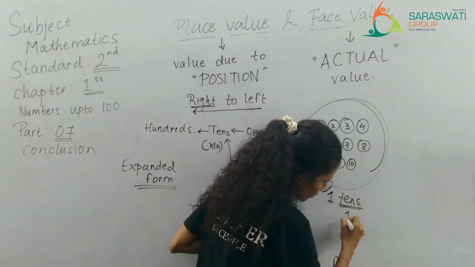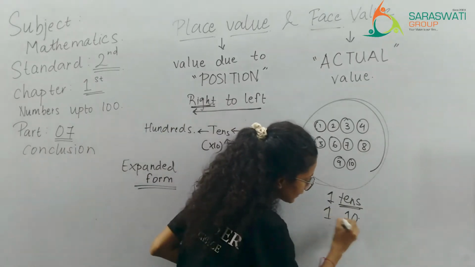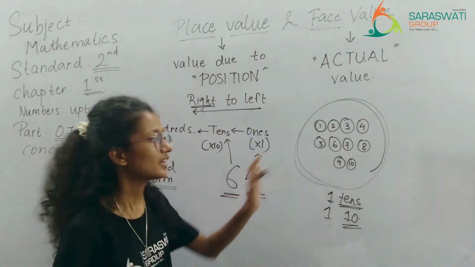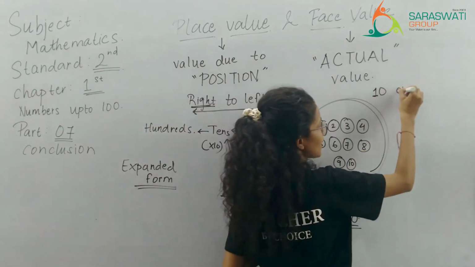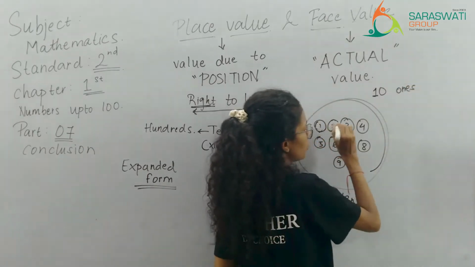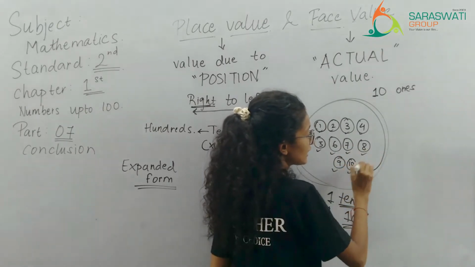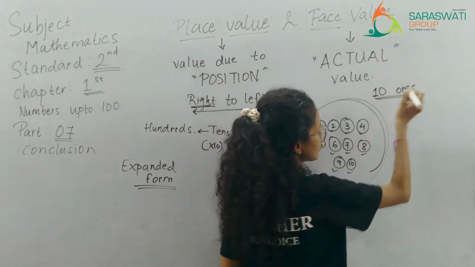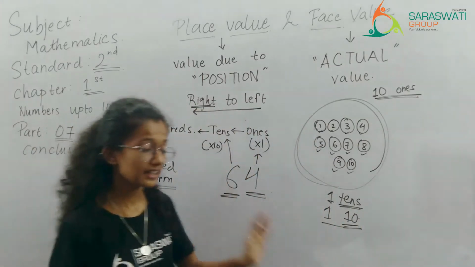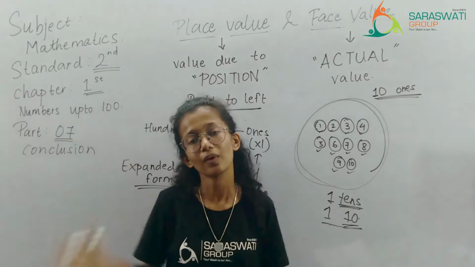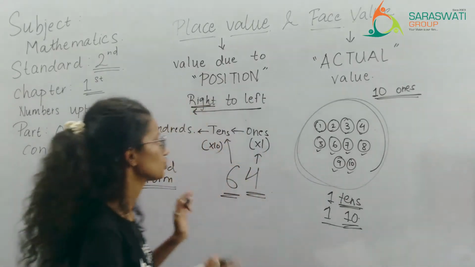Tens means 10. Once tens comes, here 10 times ones came, how many times? 1, 2, 3, 4, 5, 6, 7, 8, 9, 10. 10 times ones and here 1 time tens. 10 times ones or 1 time tens, both mean the same.